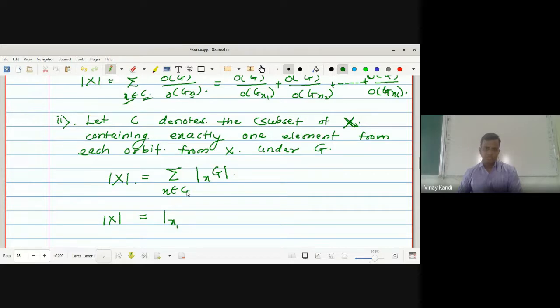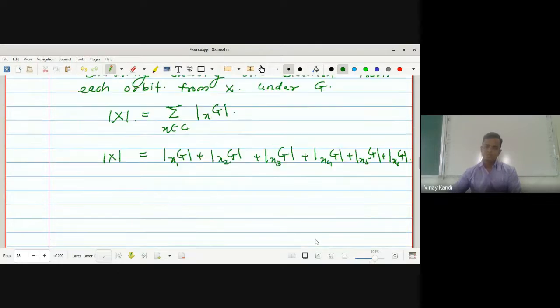If suppose C contains 6 elements, this is x1G plus order of x2G, the second orbit, order of the third orbit, plus order of the fourth orbit, plus order of the fifth orbit, and plus order of the sixth orbit. Is it correct? So that is X is equal to this statement here.